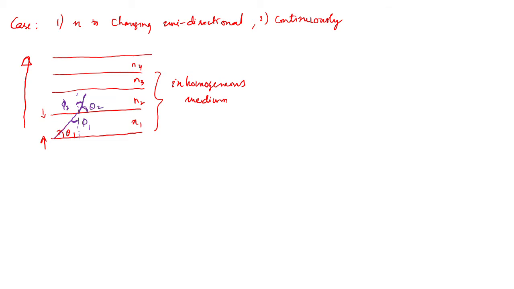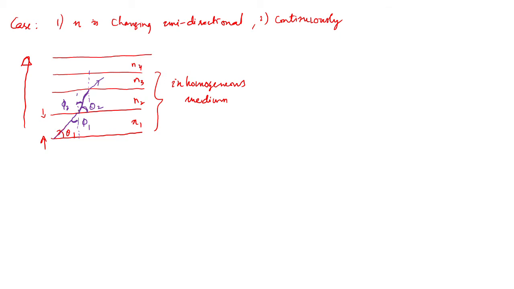Then this ray from N2 is again incident on the interface between N2 and N3, and we can do the same thing again. We draw a line here. The index of refraction is different in N3, so you're going to refract again.